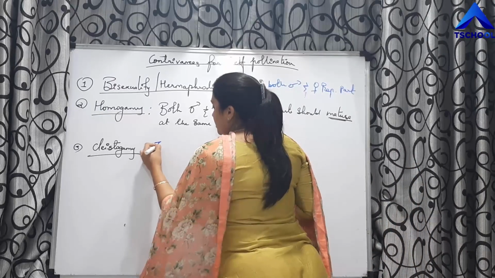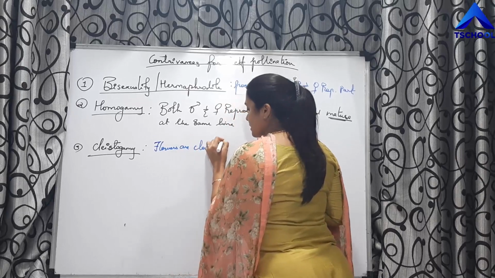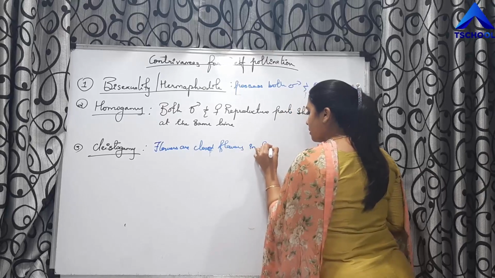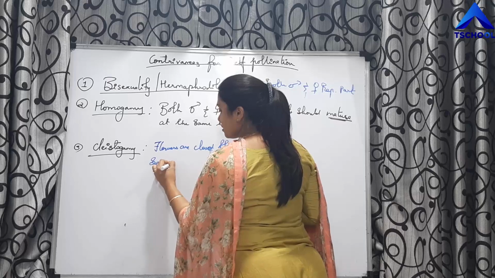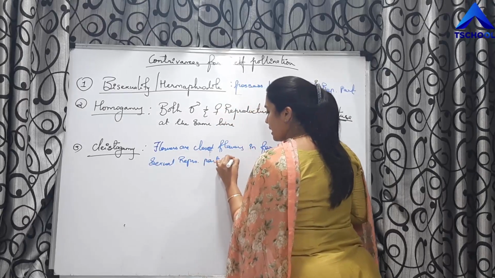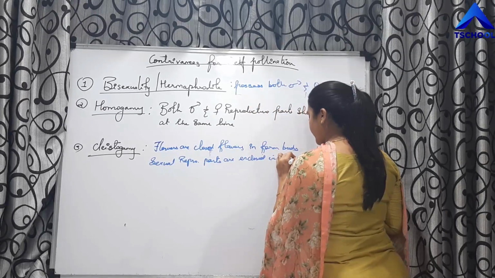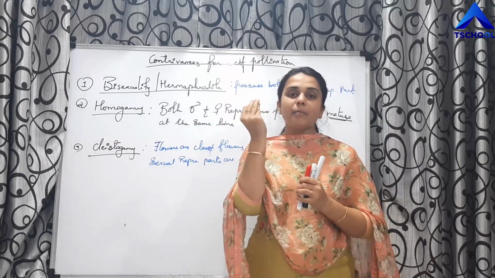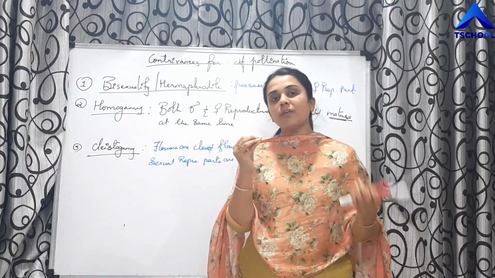Which means the flowers are closed flowers in the form of buds, and sexual reproductive parts are enclosed. The flower is a closed flower. It is like a bud. The flower is closed and the flower possesses both male part as well as female reproductive part.